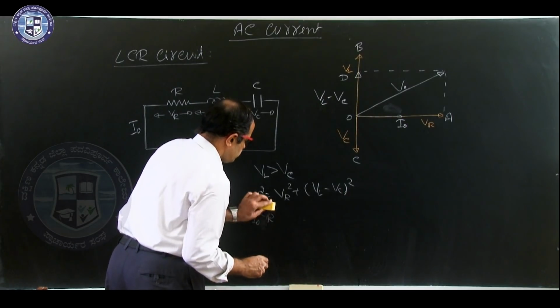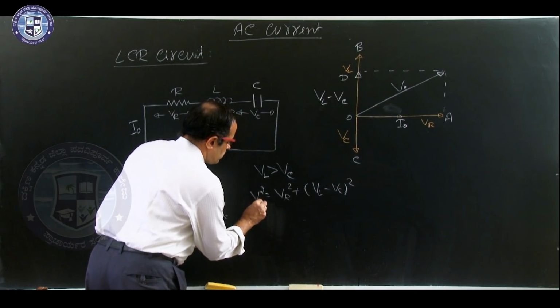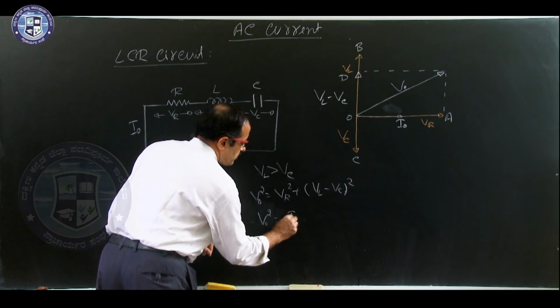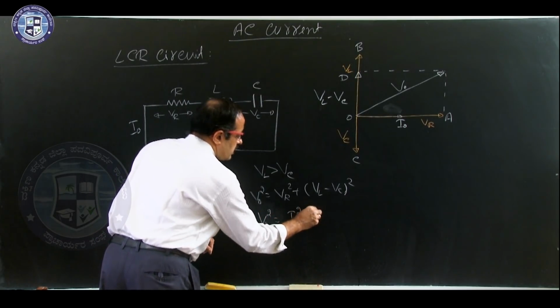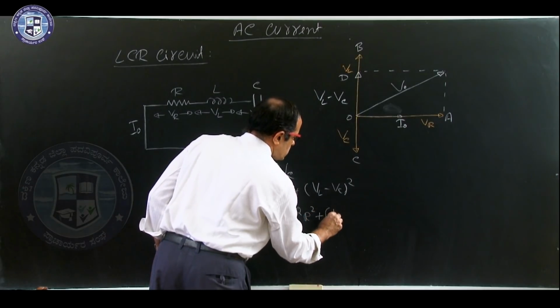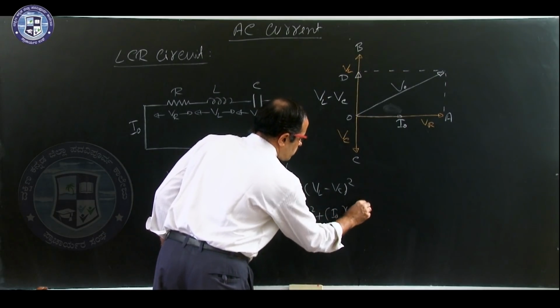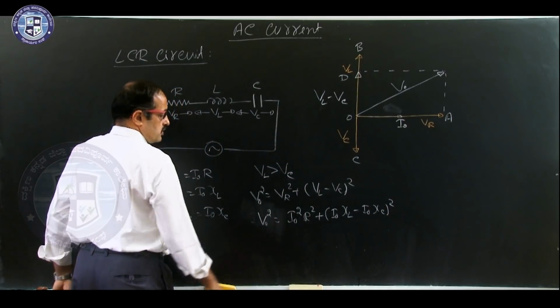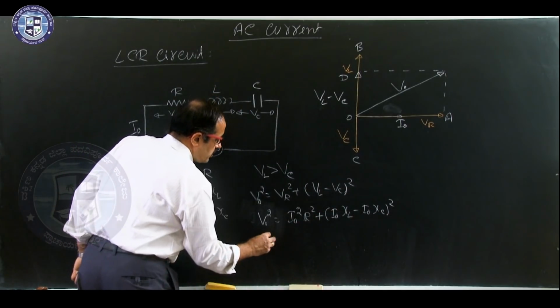Or if you substitute, sorry, one minute, V naught square is equal to I naught square R square plus I naught XL minus I naught XC whole square. Which term is common? I naught square.